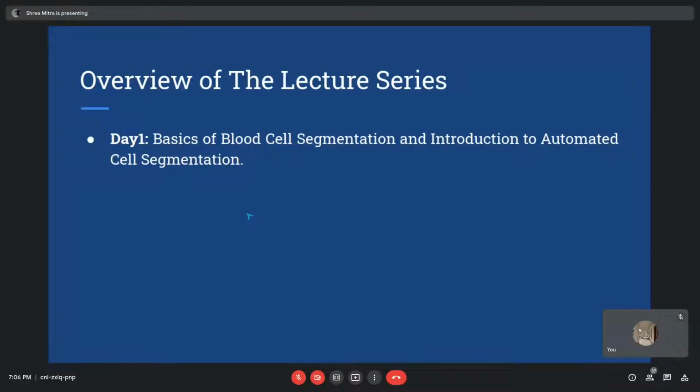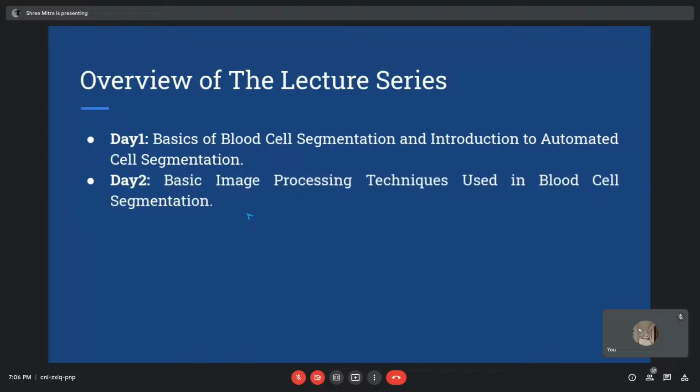In this lecture, I will give you the very basic concepts of cell segmentation and how automation comes into play in this field. In day two, we are going to traverse some basic image processing techniques like thresholding and filtering. In thresholding, we are going to cover Otsu's thresholding, binary thresholding, inverse binary, etc.